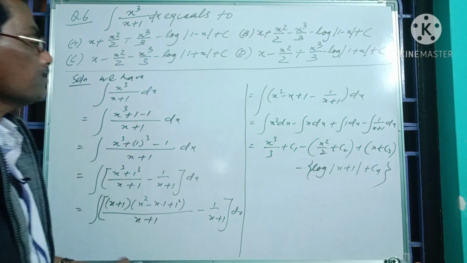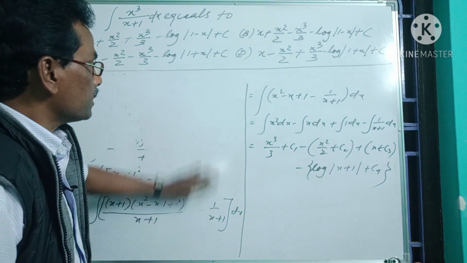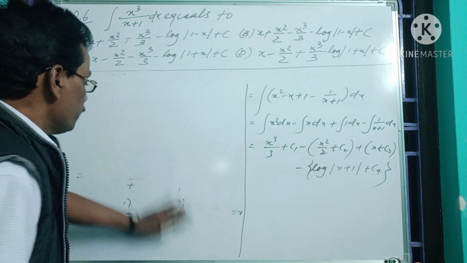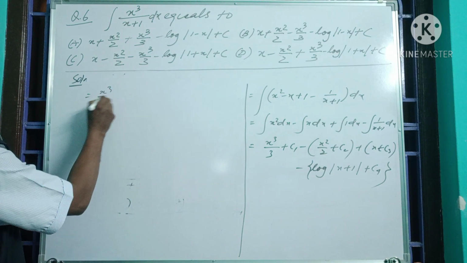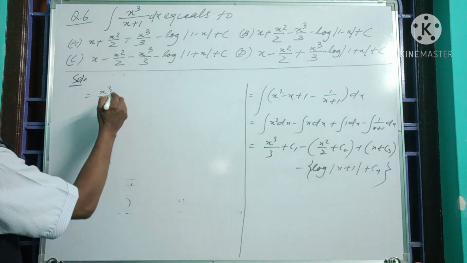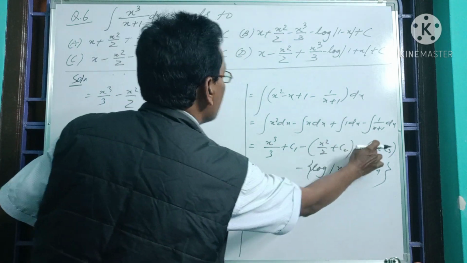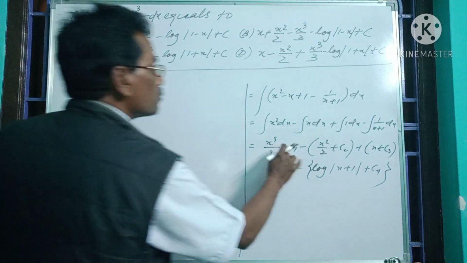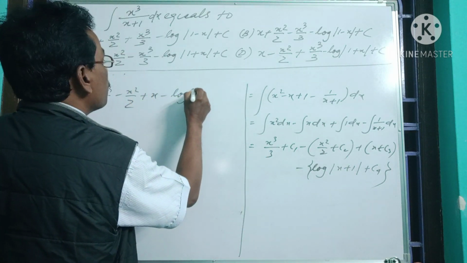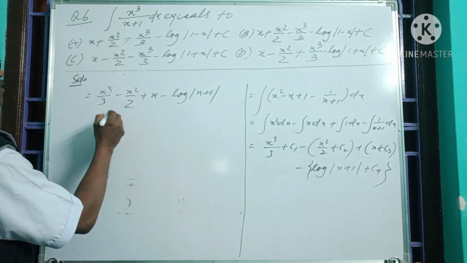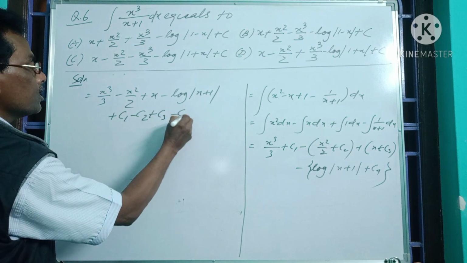After integration, collecting the constants and the functions, we have x cube by 3 minus x square by 2, then plus x, minus log of mod of x plus 1, and collecting the constants we have plus c1 minus c2 plus c3 minus c4.